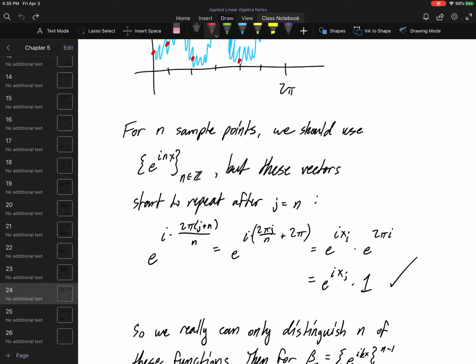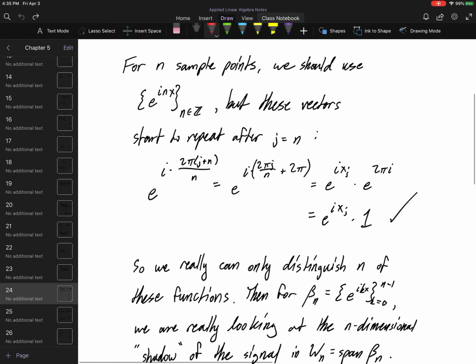So for n sample points, I should be careful. But these guys repeat. That's okay, that's the whole point here. I would like to project onto all of the potential frequencies that I use, but notice that these start to repeat after a little while.